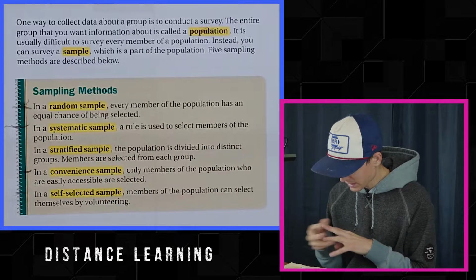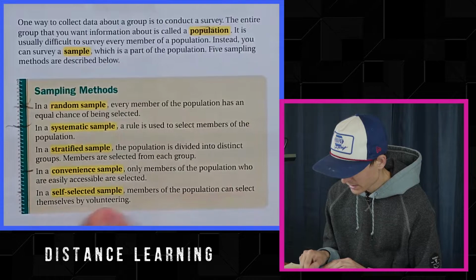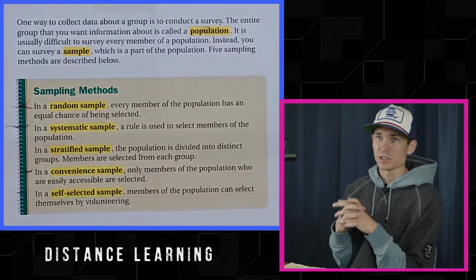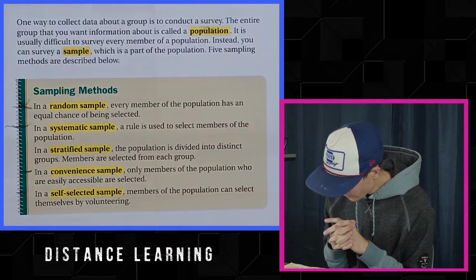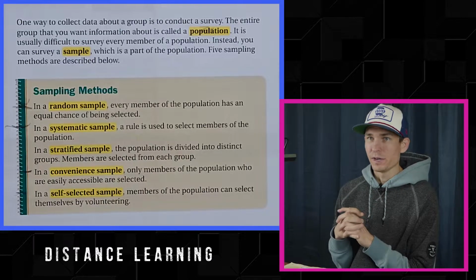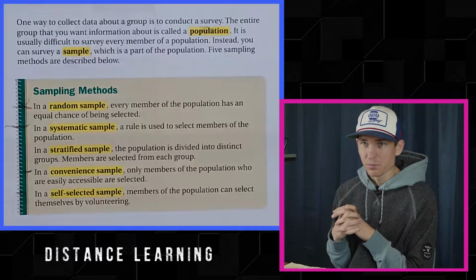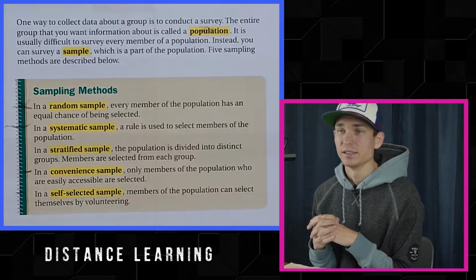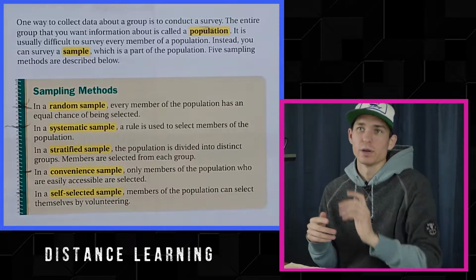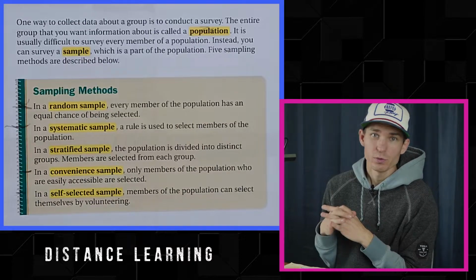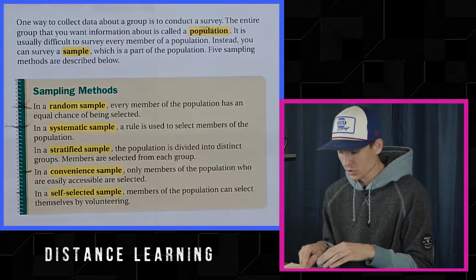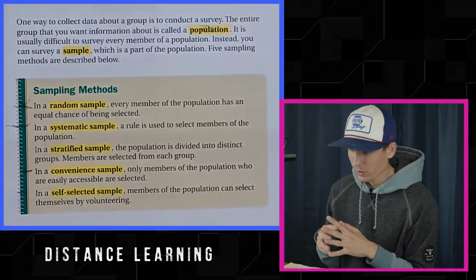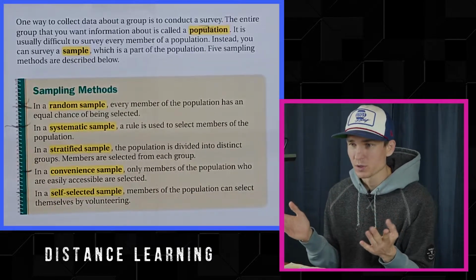And self-selected: members of the population can select themselves. So let's say here at school we have a question, what is your favorite type of dog, and you just have papers posted around. You're not making sure everyone goes there. So only those self-selected ones, only the ones who actually want to respond, will respond.